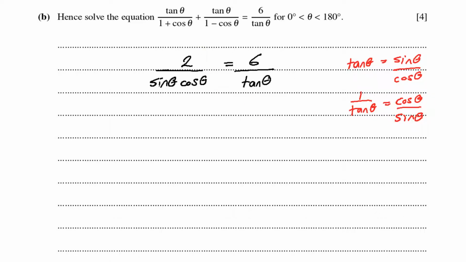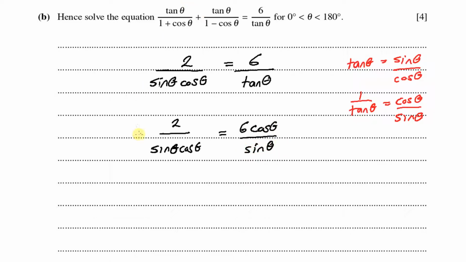So I can apply this here to say this is equal to 2 over sine theta cos theta is equal to, and 6 over tan theta is the same as 6 cos theta over sine theta.